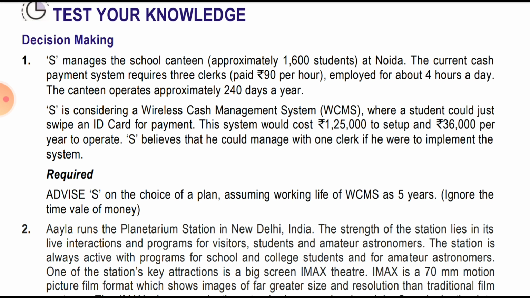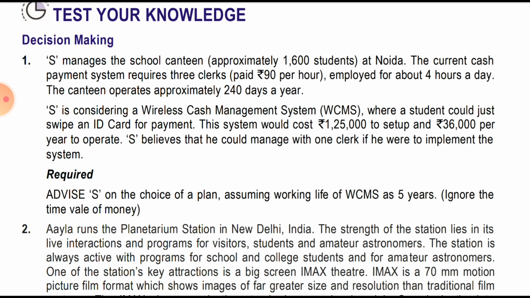So after implementing this, it will require only one clerk. Currently there are 3 clerks, and for one clerk we are paying 86,400. So for 3 clerks it will be 259,200. And after implementation of software we will incur a cost of 1,25,000 plus 36,000 per year, and the cost of one clerk.